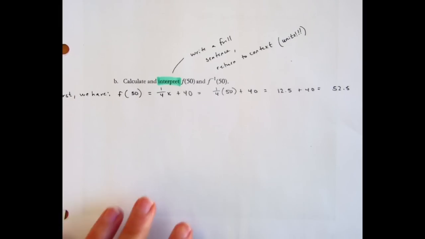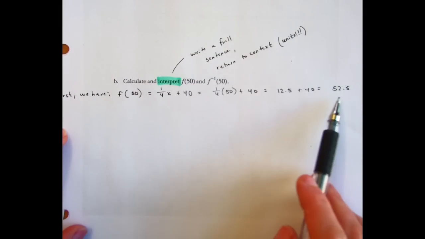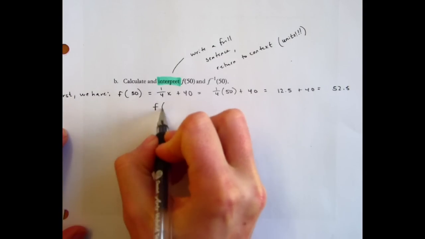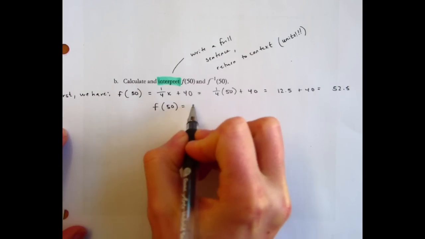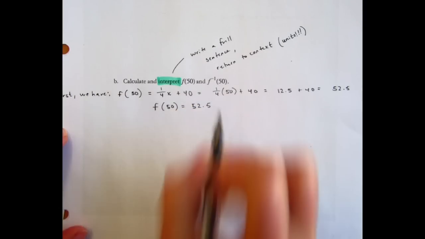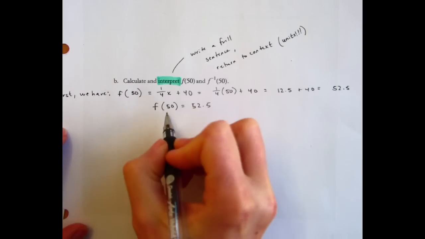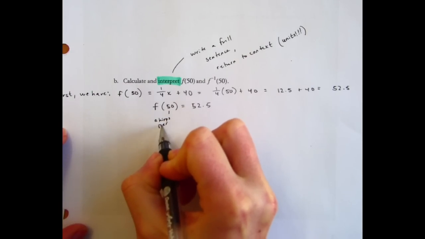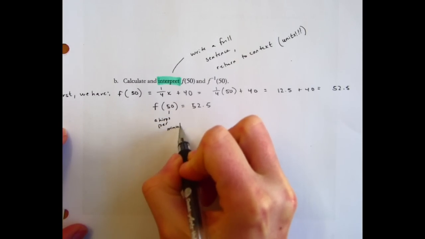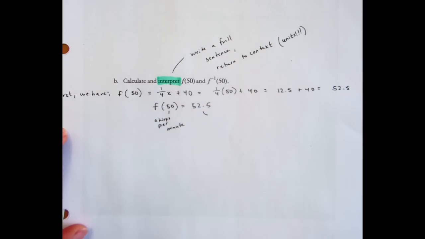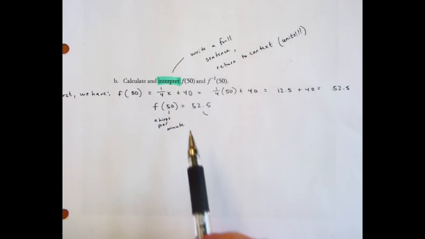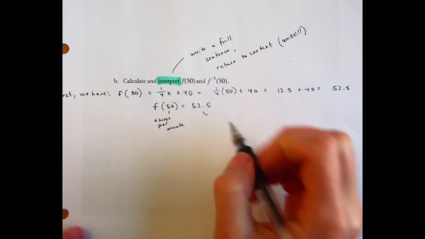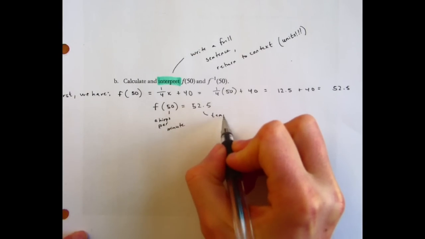To connect my input with my output, I can summarize this to say f of 50 equals 52.5. I already figured out the units of the input are chirps per minute. And the output, what comes out on the other side, T, is temperature in degrees Fahrenheit.